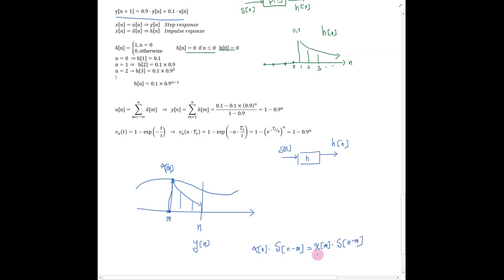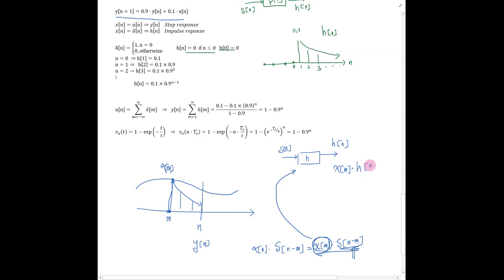So at this moment we applied this sequence. The delta function is scaled and shifted. Scaled means that in a linear system the output is just scaled this much. And the delta function is shifted by m. Then because this is time invariant, the output sequence is shifted by the same amount of time.